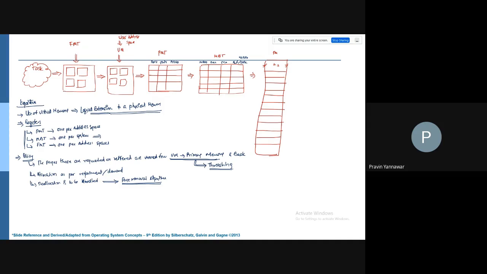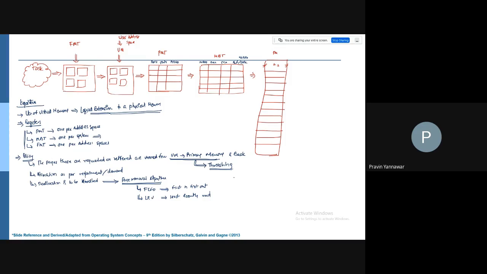Then there are two approaches that exist here. One is called FIFO, first in, first out, and the second is LRU, least recently used.